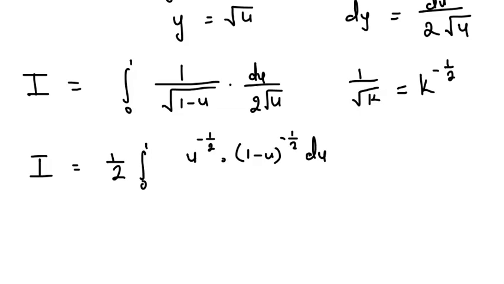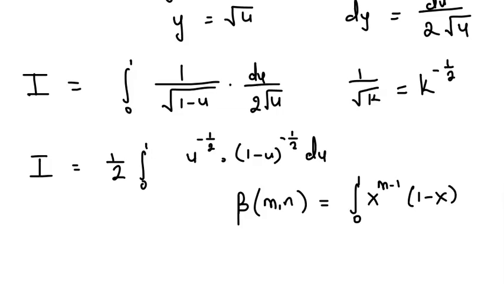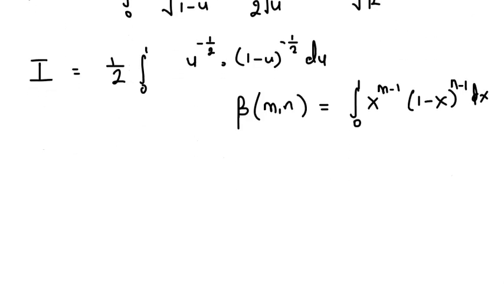So now we're going to make use of a special function. And what is that? The beta function. So we know the beta of m, n is equal to the integral from 0 to 1 of x raised to the power of m minus 1 multiplied by 1 minus x to the power of n minus 1 dx. So we're going to use the beta function here now.